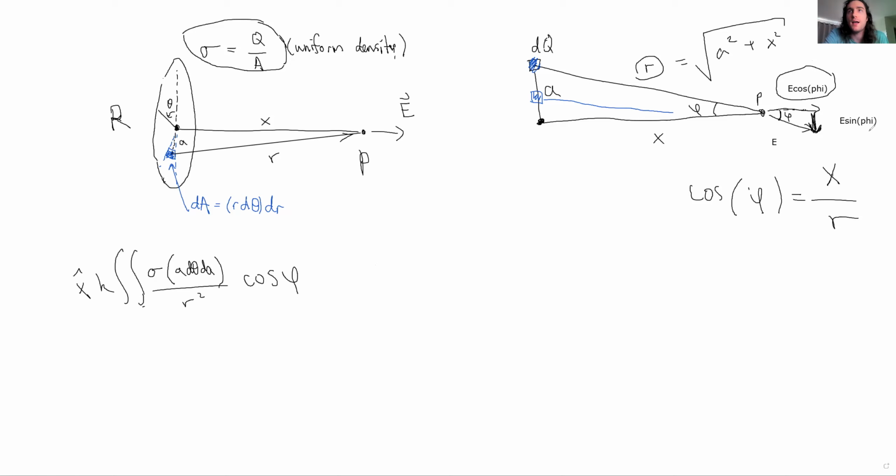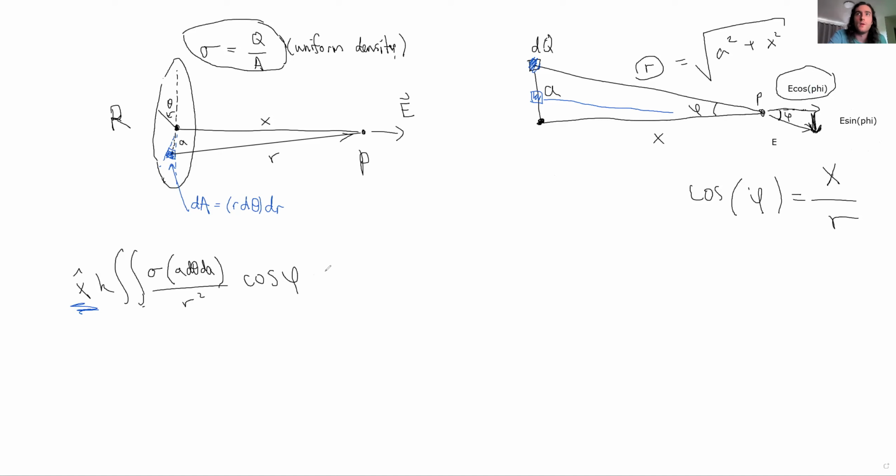The E sine phi component will be 0 after we integrate, because we're integrating around a full circle. So again, there's cancellation. There's a dq down here, which has an E sine phi term pointing up, and it will cancel that E sine phi term, which is pointing down. So we need the cosine phi in here, since we're looking at just this x component, which is the only non-zero component.